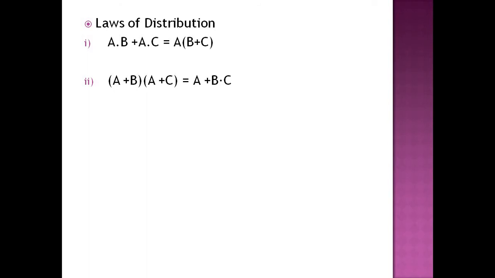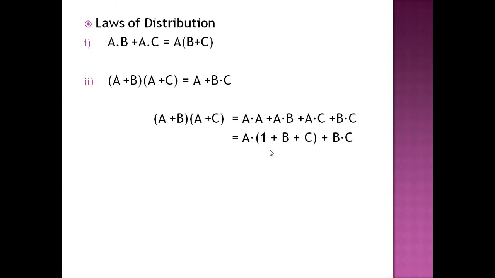Here we have to make the proof for that particular equation. We write A plus B into A plus C is equal to A dot A plus A dot B plus A dot C plus B dot C. Here we observe that the variable A is common in the first, second and third terms. So we take A common and write in bracket 1 plus B plus C, plus BC.